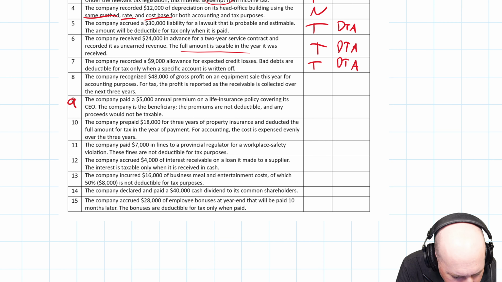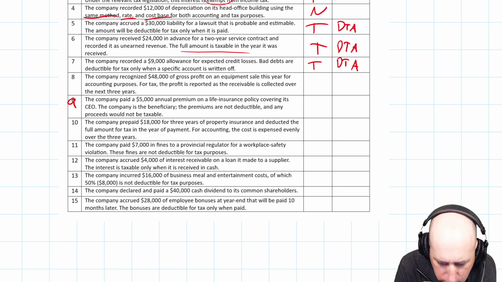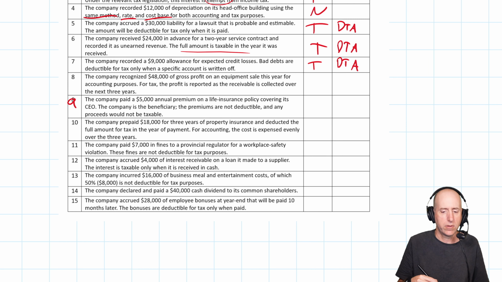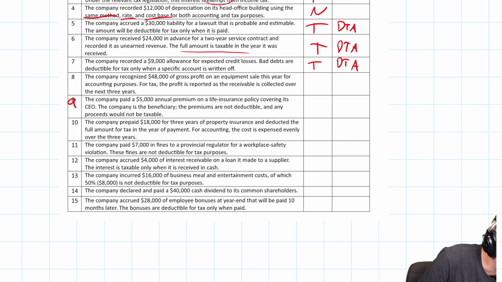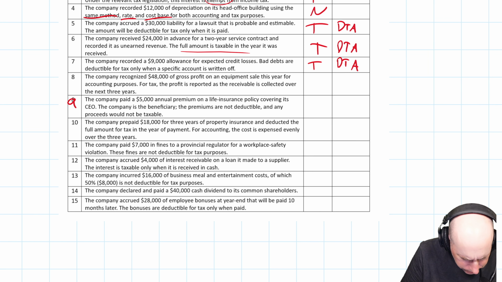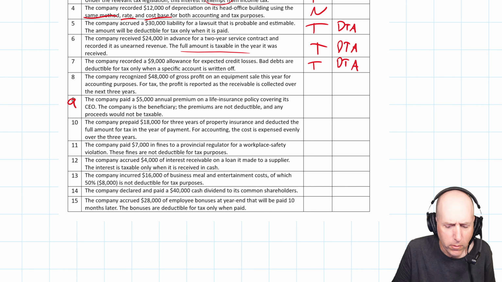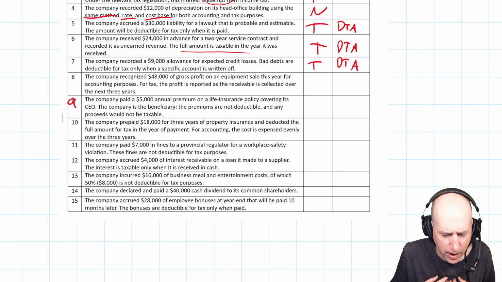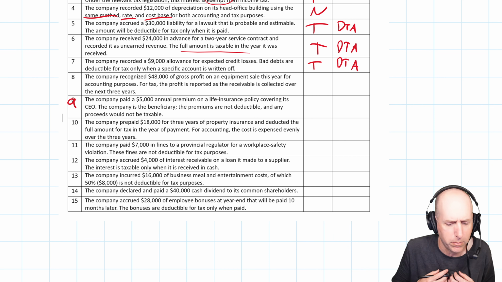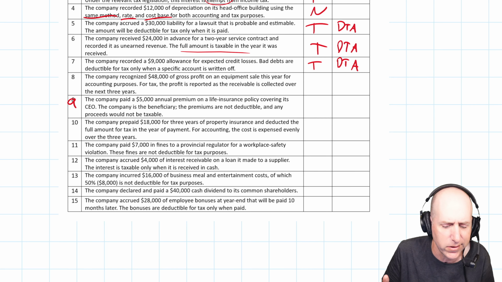The company recognized $48,000 of gross profit on an equipment sale this year for accounting purposes. For tax, the profit is reported as receivable and is going to be collected over the next 3 years. Okay, so we recorded revenue right now. We recorded profit right now, $48,000.